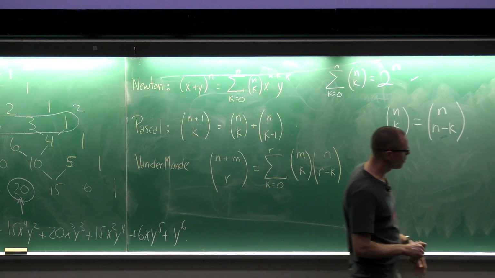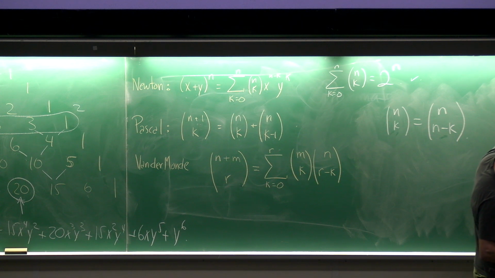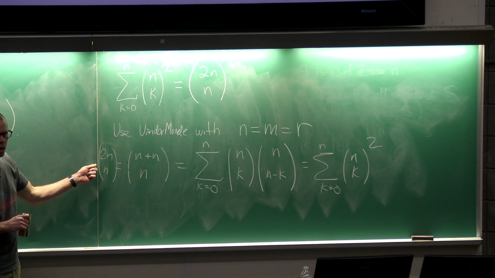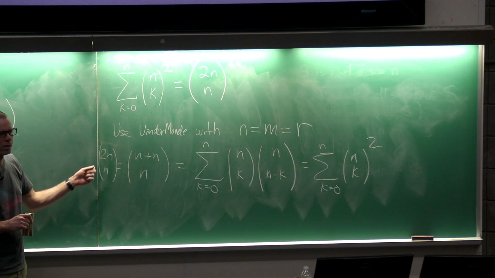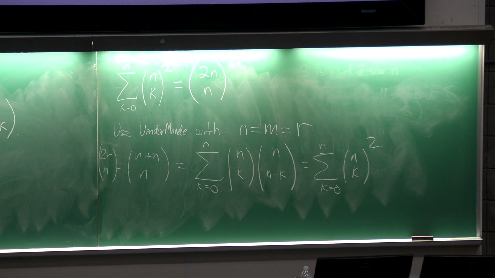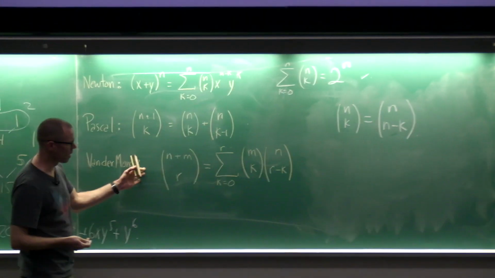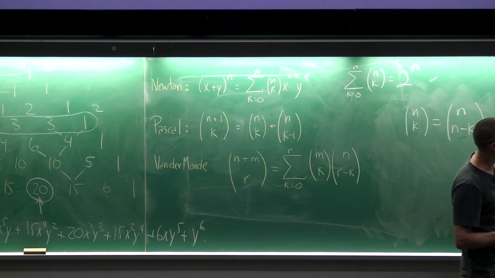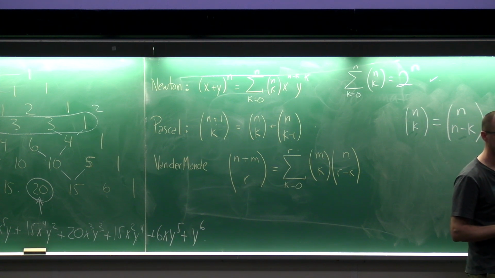And if you do that, you make them all the same, you get this thing, which immediately gives you this thing. And if you've worked with binomial coefficients at all, you realize these two are the same. And you realize, wow, I've got a really cool identity that has a sum of n choose k squareds and a 2n choose n over here. So the way that this is most likely discovered is the more complicated general thing was discovered first, and then you notice that if you set all the values to be equal to n, you get something that's clean and tidy like this.